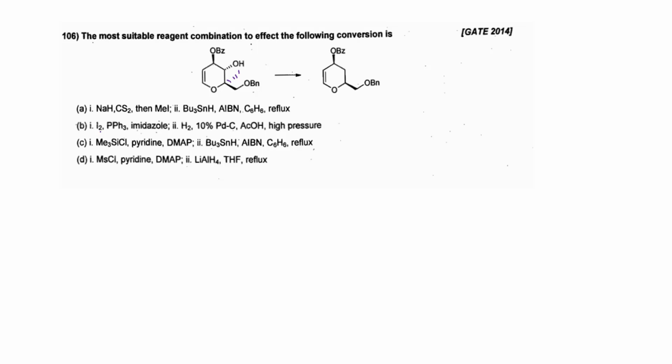Next is I2, PPh3, imidazole. It will also create a double bond here, but here they have added H2, Pd. So H2, Pd can reduce this double bond also.